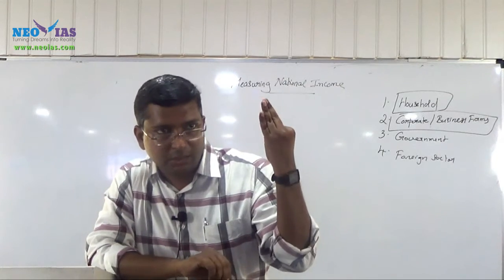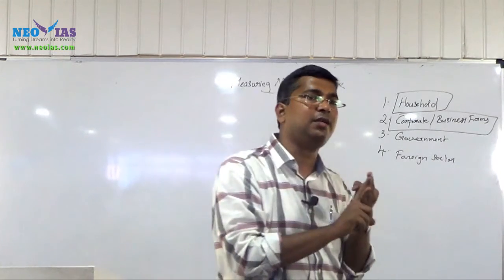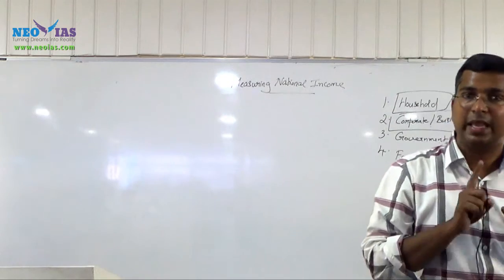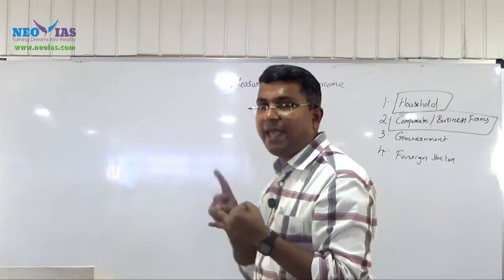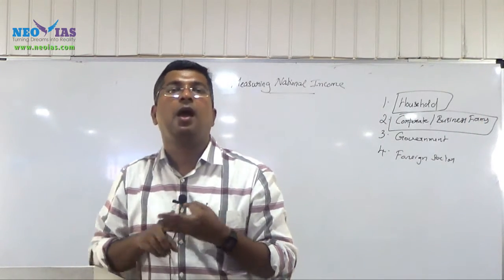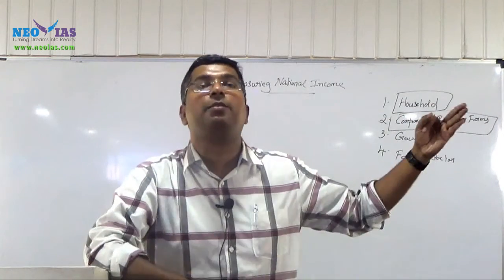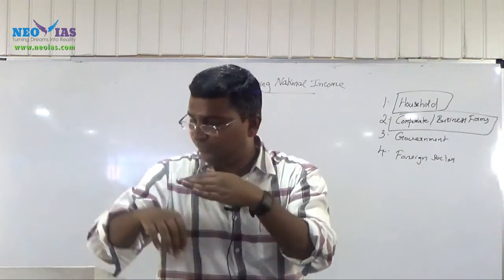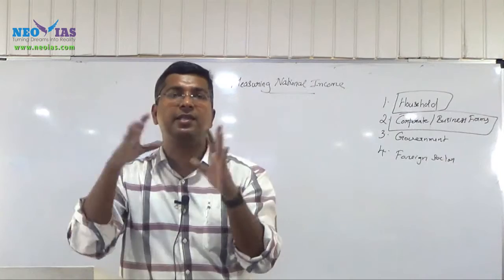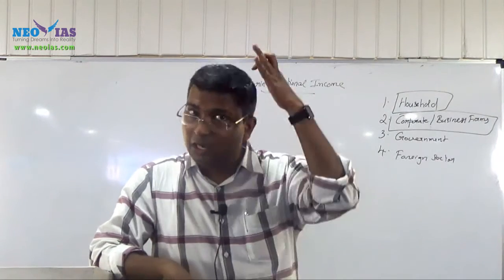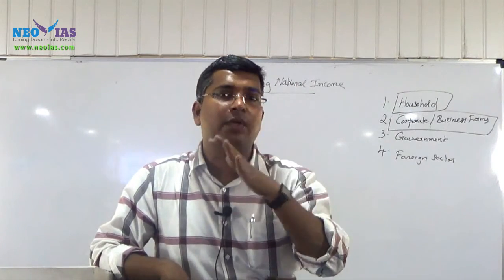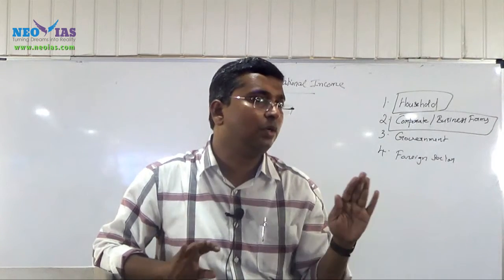So three methods can be used to calculate national income: one is the income method, second is the expenditure method, third is the production method or product method. From this figure itself, you will have an idea. This is sufficient. In that material, so many technical definitions have been given. That's not at all important for you.